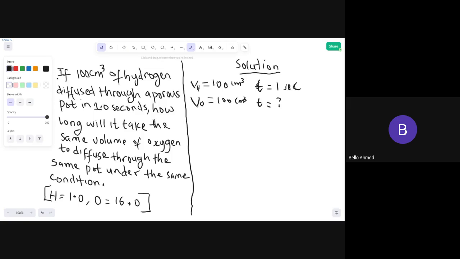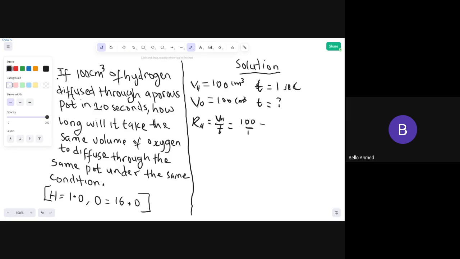Anytime we have to do with rate, it has to do with time. So I'm going to find the rate of diffusion of hydrogen gas. The rate of hydrogen is going to be the volume of hydrogen divided by the time for it to diffuse, and that's 100 divided by 1.